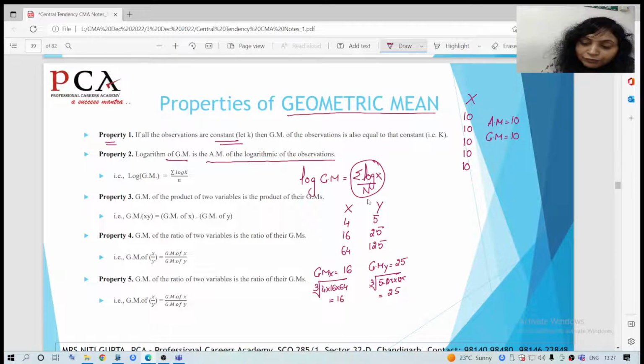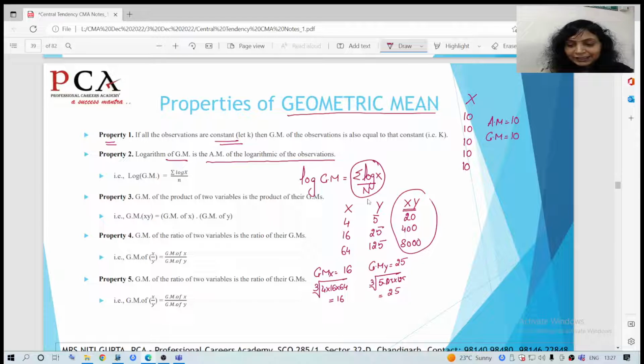So if we want to find out the geometric mean of the product of these two series, that means we have to find the geometric mean of 20, 400 and 64 into 125, which becomes 8000. If we want to find the geometric mean of this series, we don't need to find it this way.